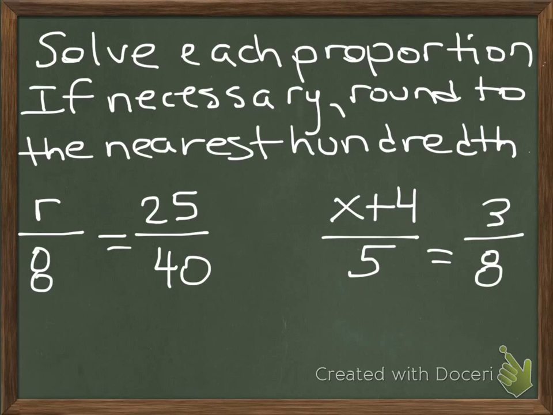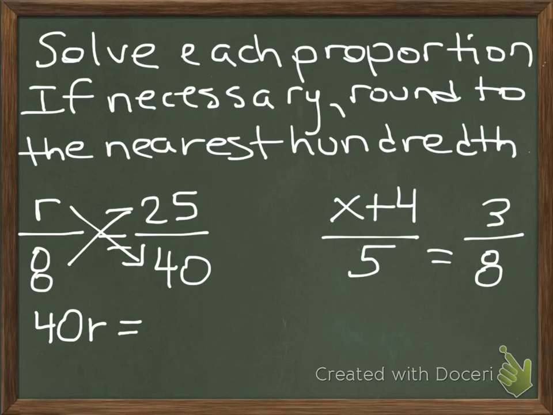Here, we can again use cross products, which I believe is the best method and the easiest method to solve any proportion. It will work every time. So cross products or cross multiplication just means that I'm multiplying, like I did before, the numerator of one ratio by the denominator of the other. So I'm going to multiply here r times 40, because I'm solving for r, and that gives me 40r.